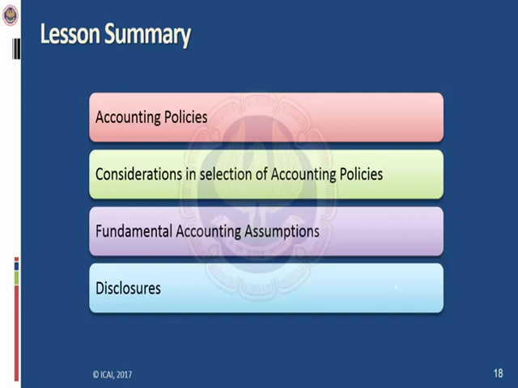So for a change in accounting policies, if there is a material impact on the financial statements, such impact needs to be disclosed. For example, the entity has applied the weighted average method for valuation of inventory in the current year in comparison to the FIFO method from the last year, and this has led to a reduction of rupees 30,000 in the valuation of closing stock and in the profit of the entity for this year.